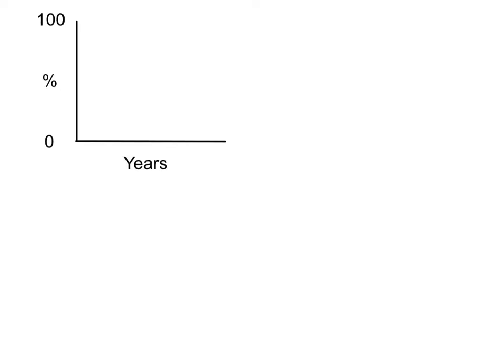So if we measure the amount of carbon 12 and carbon 14 in a living plant, it will look something like this. Over time there will be 100% carbon 12, this doesn't decay and keeps being replaced, and there will also be 100% carbon 14, because that's being constantly replaced as well.